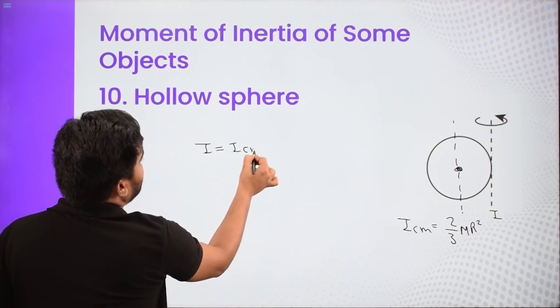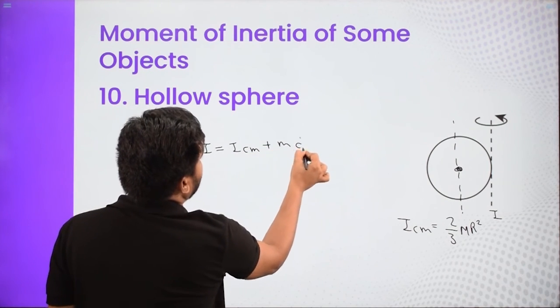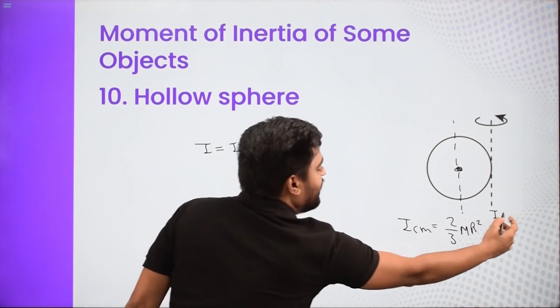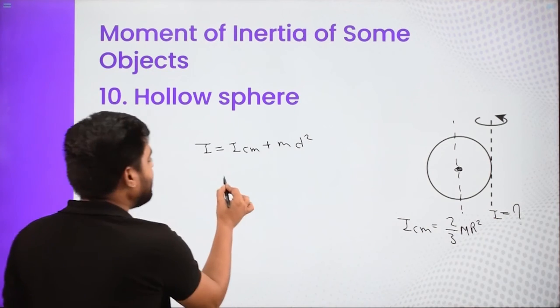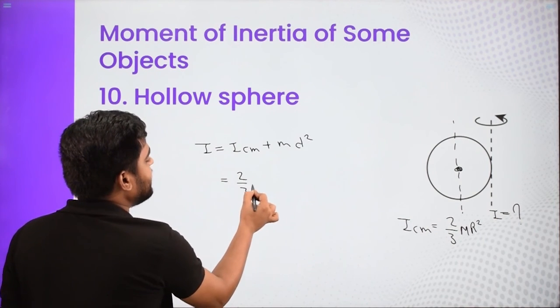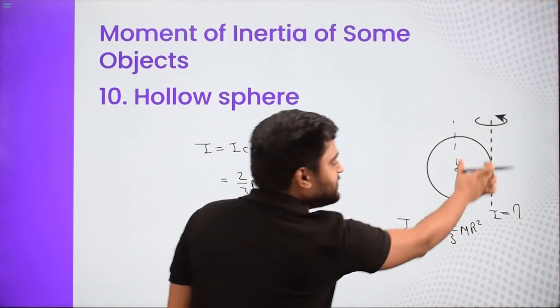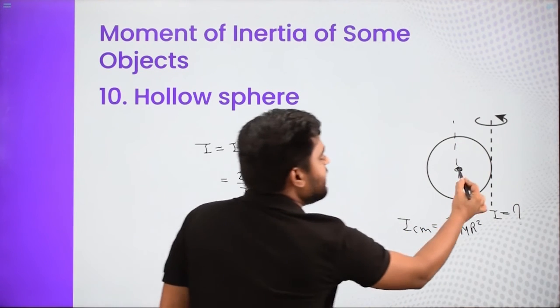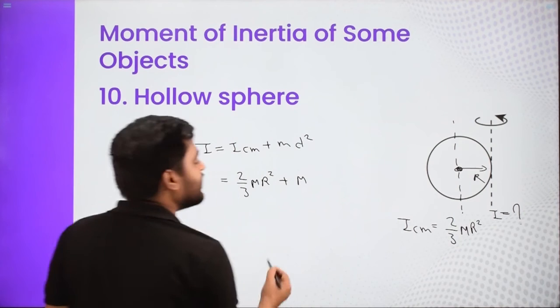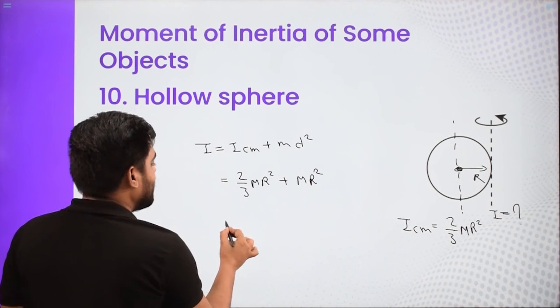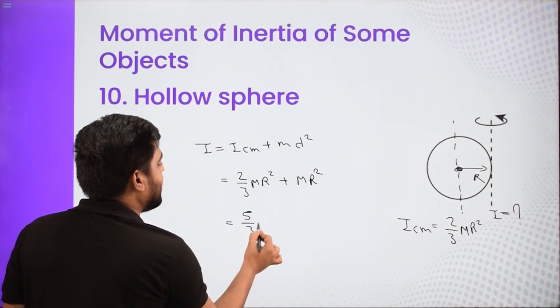I is equal to ICM plus MD square. ICM is 2 by 3 MR square plus mass M, and the distance between the two parallel axes is the same as the radius of the sphere, so plus MR square, which gives me 5 by 3 MR square.